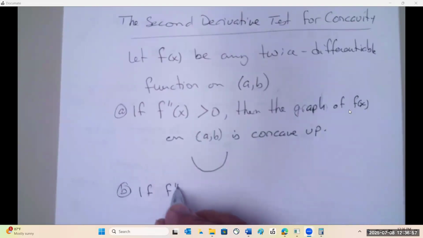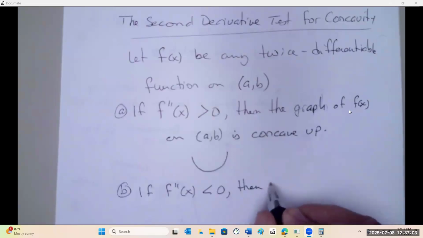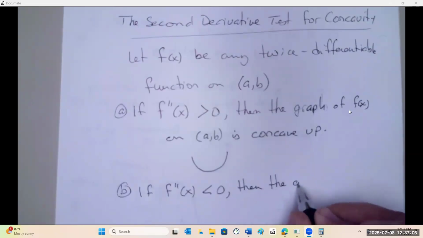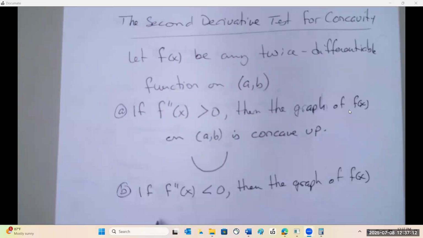If the second derivative of that function is negative, then the graph of that function on that interval is concave down.